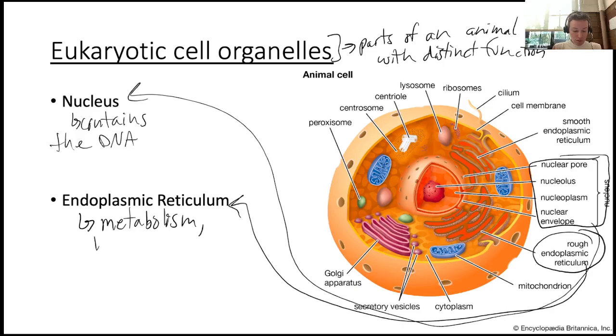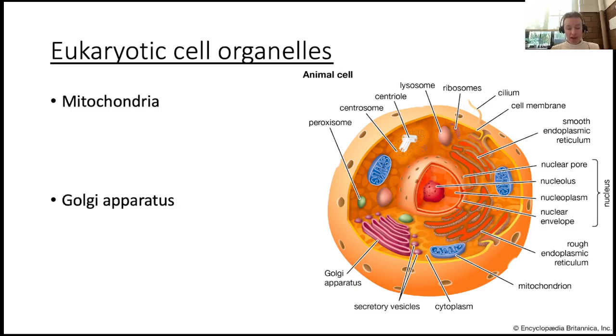It has a role in lipid synthesis, so making fats. It has a role in protein synthesis, so making proteins. It does a lot of stuff. Has a big role in telling the cell what to do. Does all sorts of things.